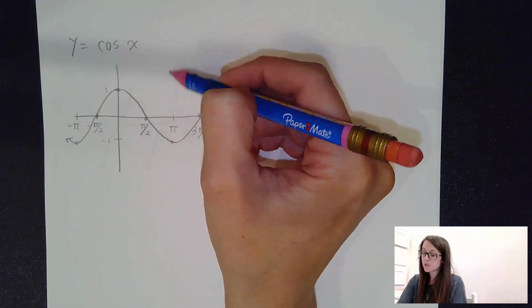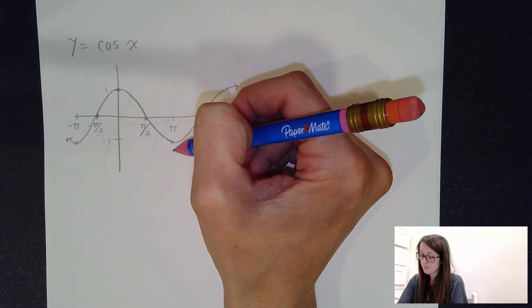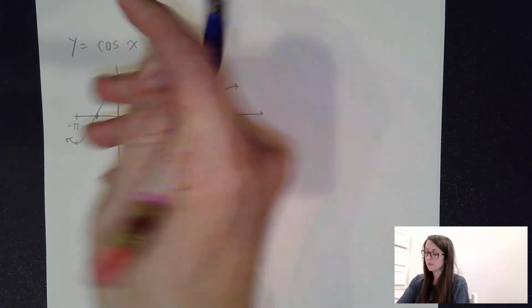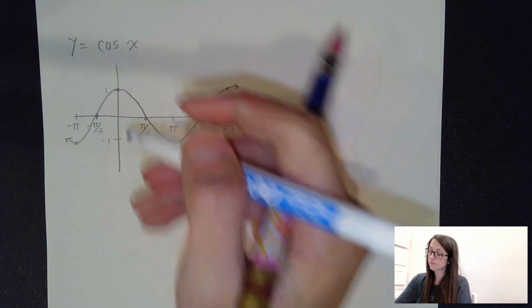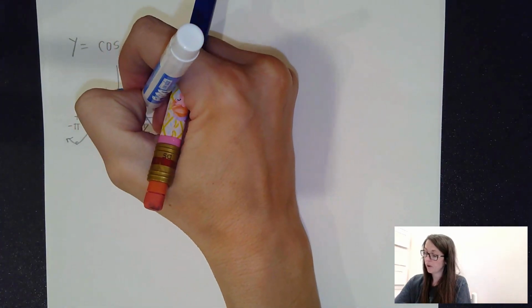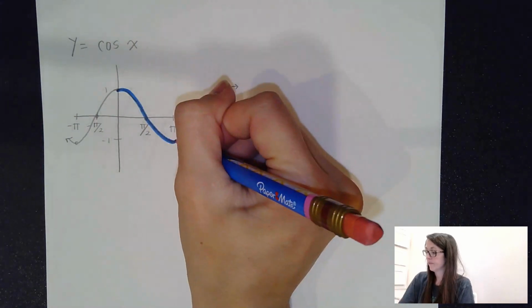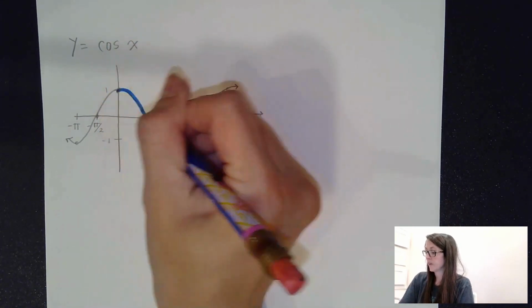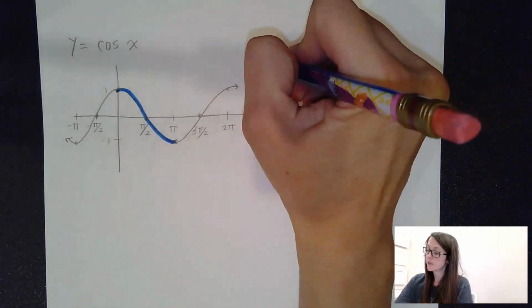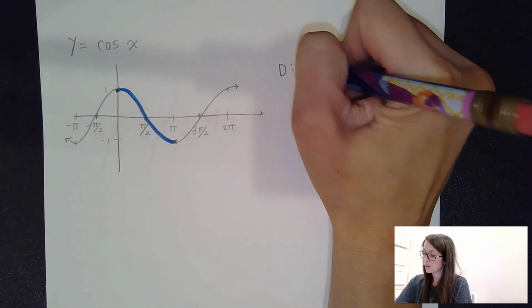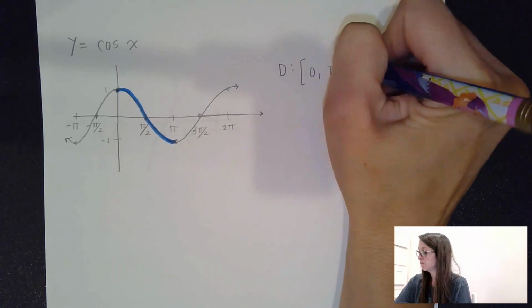So if I restrict the domain to between 0 and pi, then I would have a piece of the graph, and if I drew a horizontal line through it, it would pass. So I'm going to restrict the domain to be between 0 and pi.